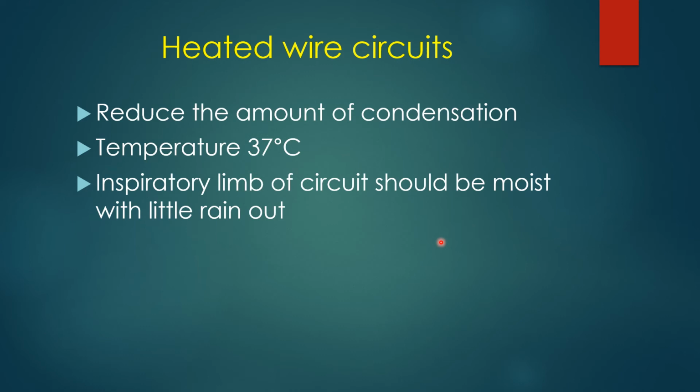If it is dry on the inspiratory limb of the circuit, all you know is that the relative humidity is between 0 and 99, because there won't be any rain out until it gets to be 100%. So always make sure you have some sign of moisture in the inspiratory limb of the circuit. And you can make adjustments on your humidifier if you need to do that.